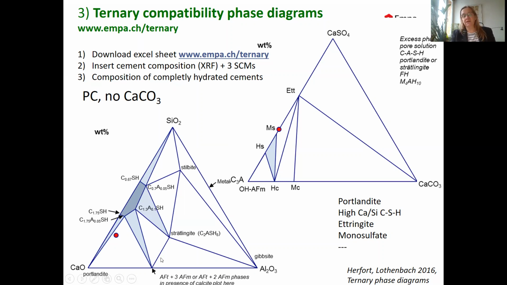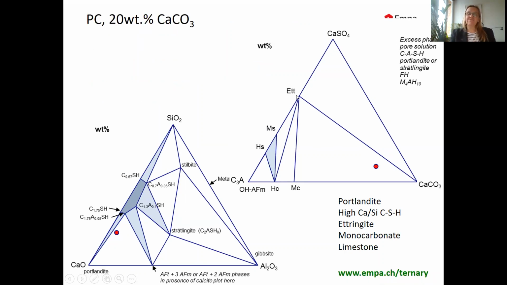So for instance, here in red, the Portland cement with no limestone will be placed between the C-S-H composition, portlandite composition, and AFt and AFm composition. If we look here on the second diagram, which AFt and AFm phases may have formed, we can see we predict mainly some monosulfate plus a minor amount of ettringite. If we do the same thing now with some limestone, we can see we don't see any change here.